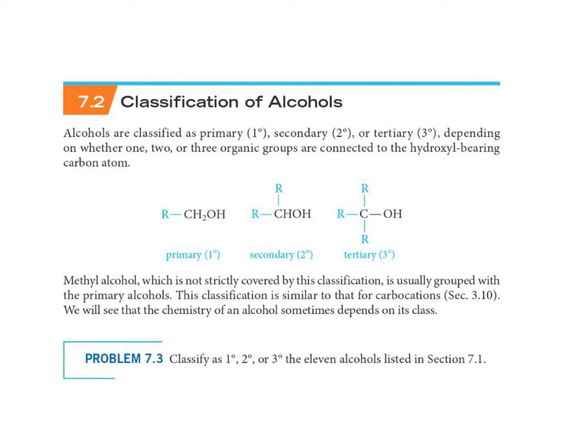Good. Okay. I mentioned this really briefly during our last lecture that when we want to classify different alcohols, it's similar to carbocations. Can anyone tell me how I would name or classify different types of carbocations? I had tertiary, secondary, primary. How would I say I have a secondary carbocation? It was a carbon that had an extra substituent that wasn't a hydrogen.